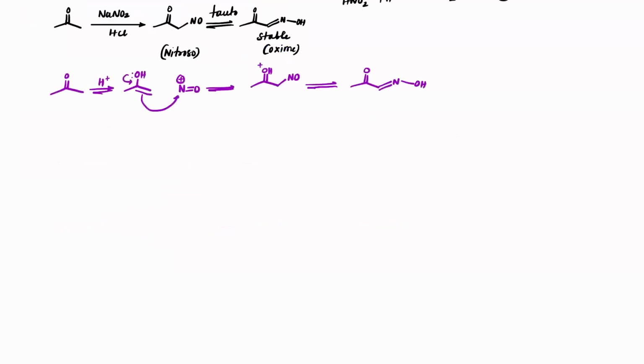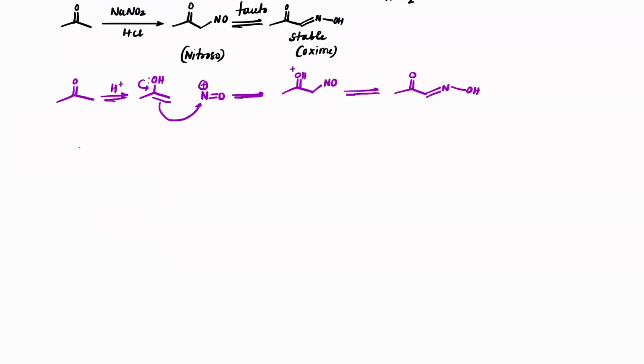We will report the nitroso product only when we have a case like this. Suppose I react with NaNO2 and HCl, let's say one equivalent. Because it is in acidic medium, you'll always have to substitute in the direction of the more stable enol.